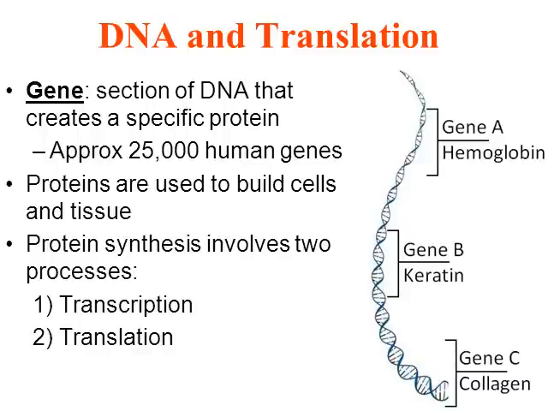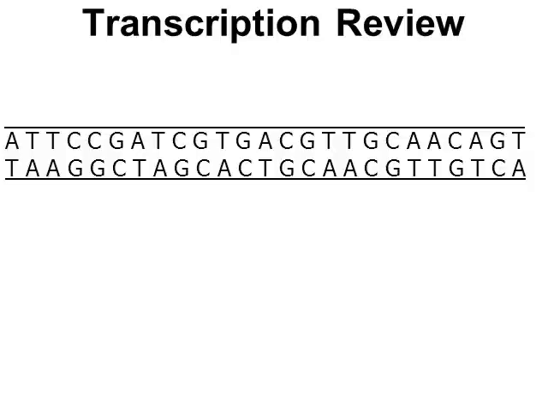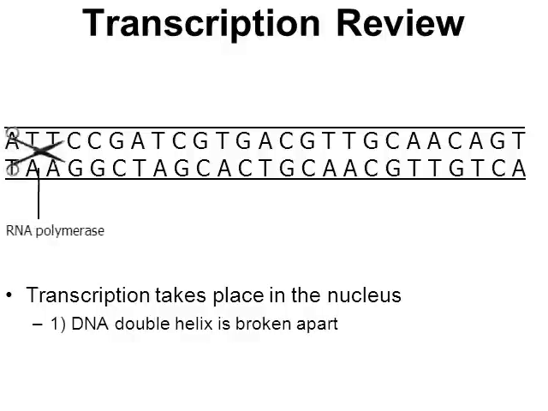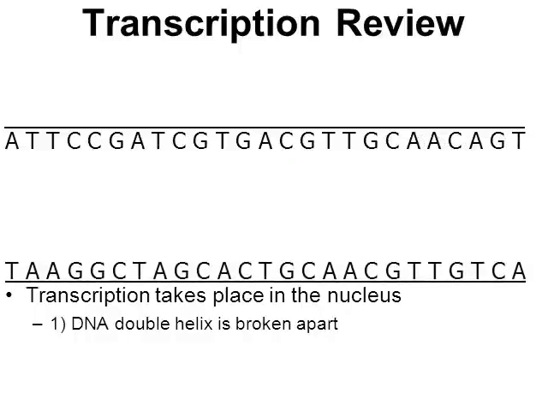Well, let's go ahead and review transcription just to keep it fresh in our heads. So if we take a moment and review transcription, here's a strip of DNA. Transcription takes place in the nucleus because that's where DNA is found. If you recall, the double helix of the DNA is broken apart. My animated scissors represent the enzyme called RNA polymerase, and the RNA polymerase pries apart and breaks apart the double helix, the DNA.